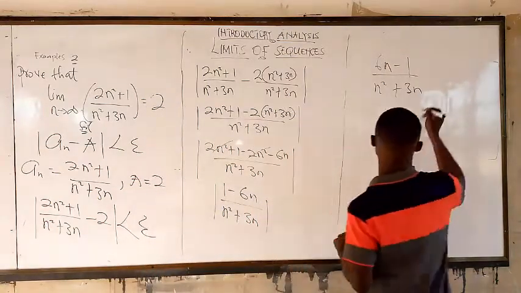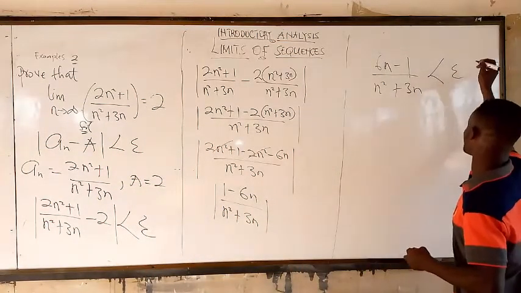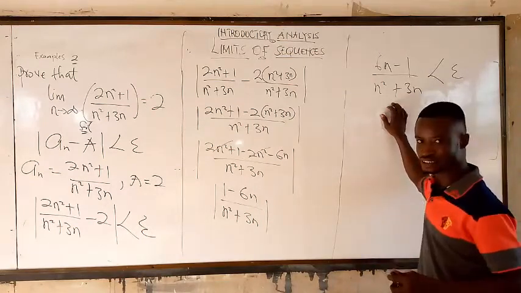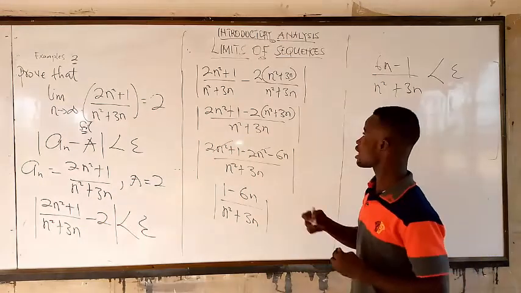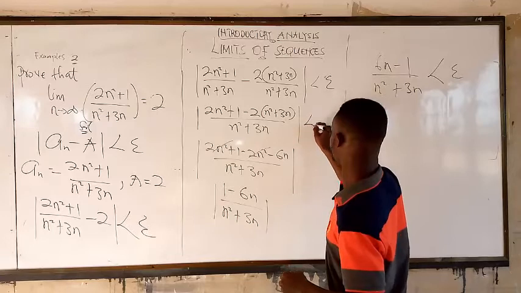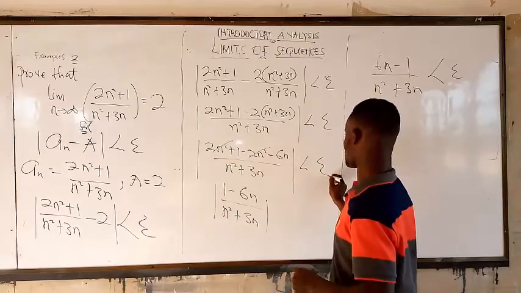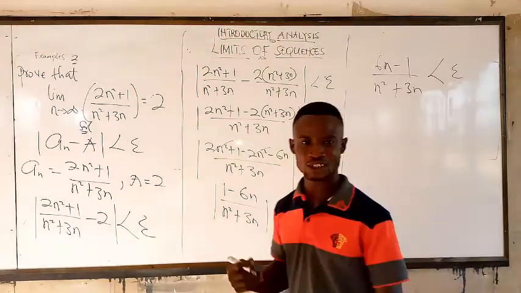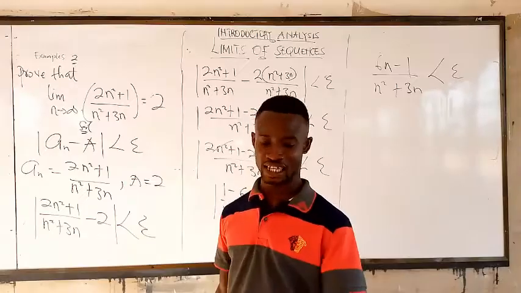Because we know that this is less than epsilon, that means the epsilon is greater than this. Don't forget that I told you that you can repeat the epsilon. So we can write it down.